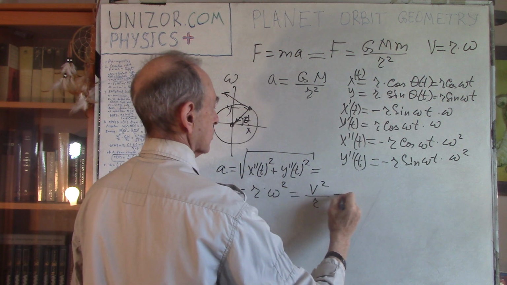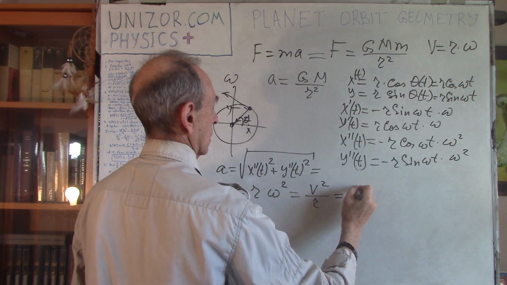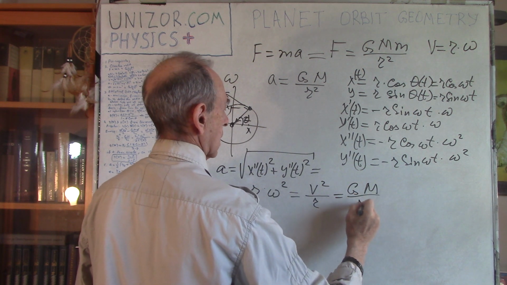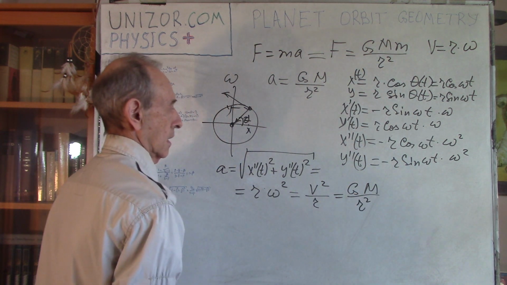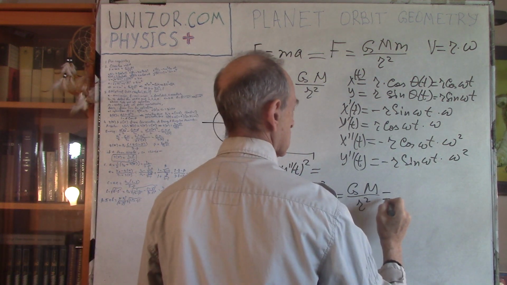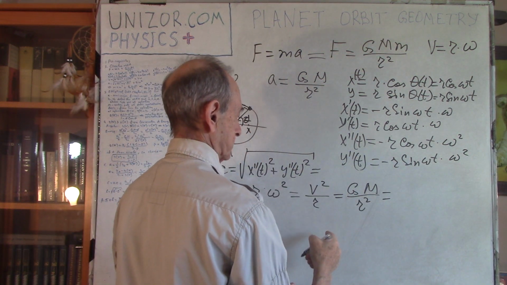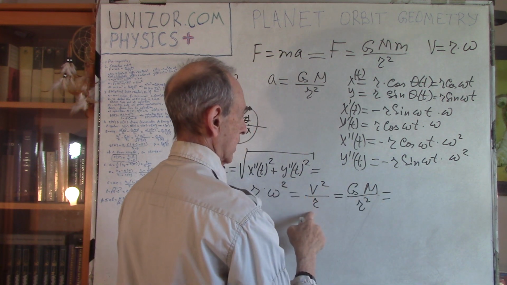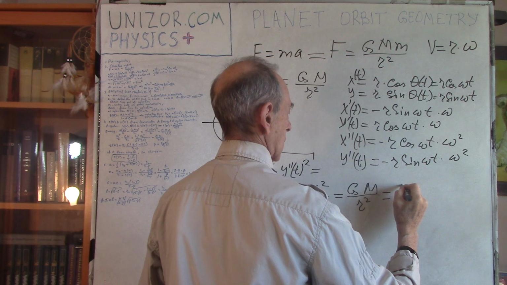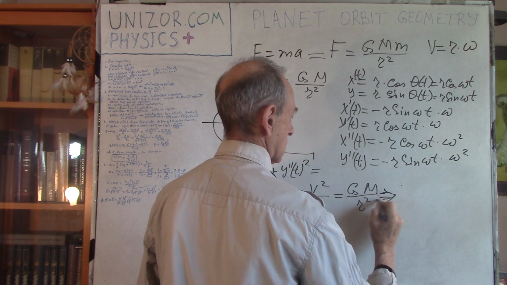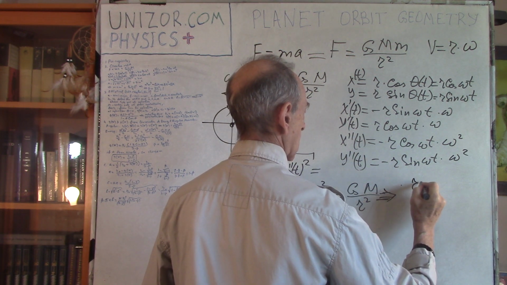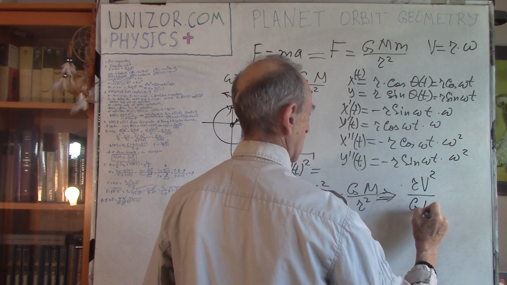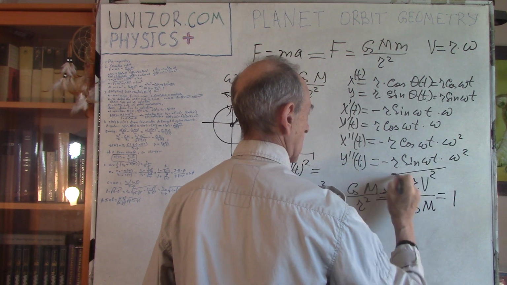And this is equal to gm divided by r square, from which follows r squared divided by r would be r, from which follows r v squared divided by gm equals 1.